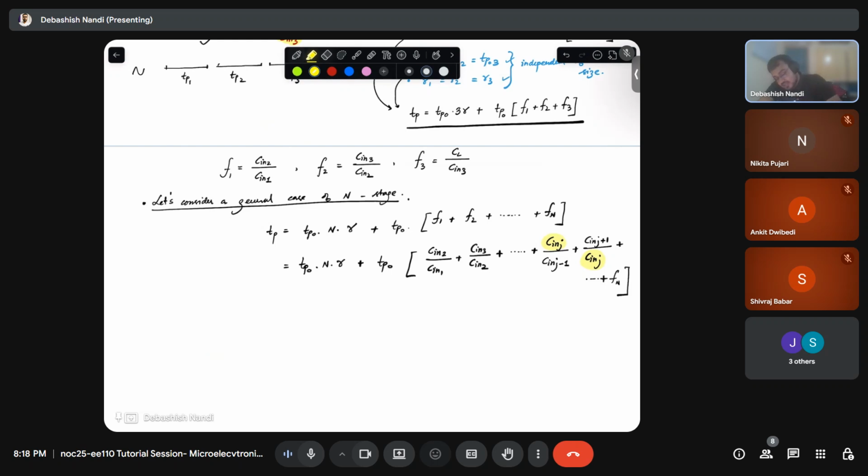So this is basically f of j minus 1 and this is basically f of j. So C in j, the input capacitance of the jth element, will play in two electrical fan outs. Now what I want to do is minimize this.